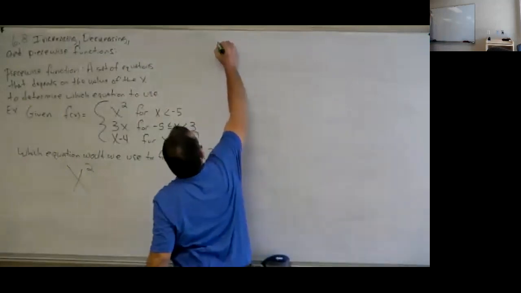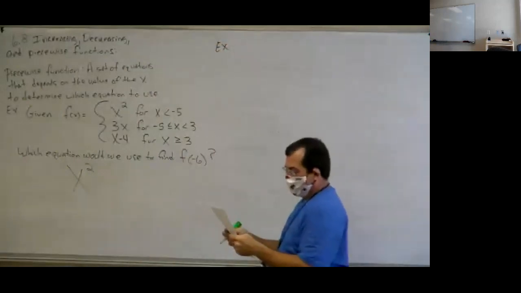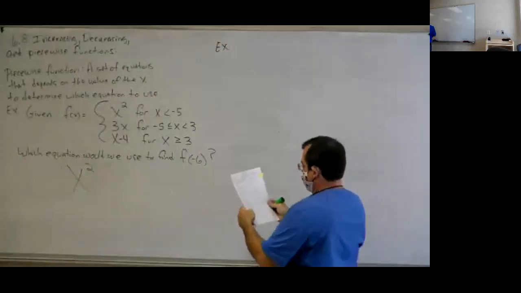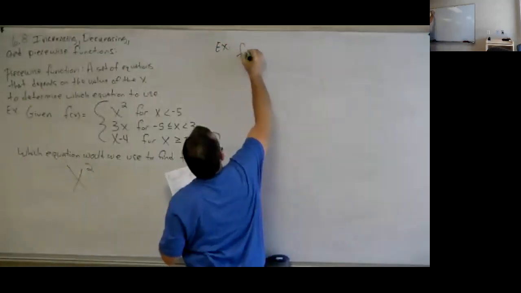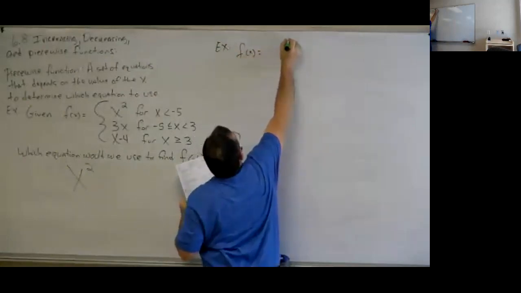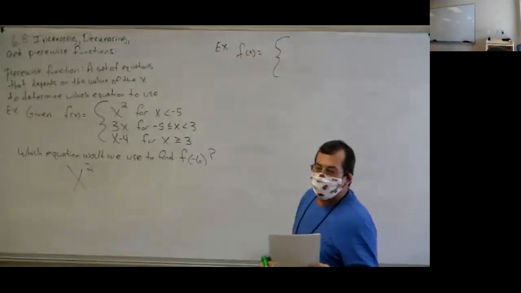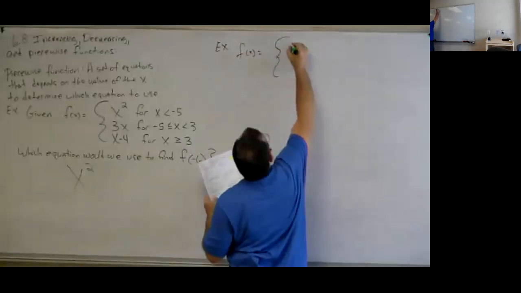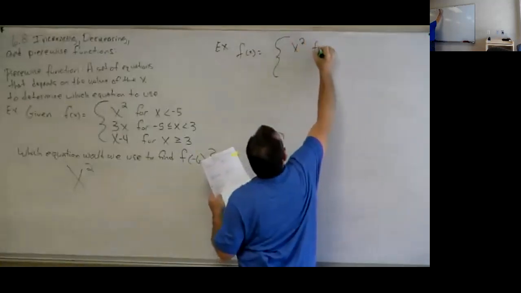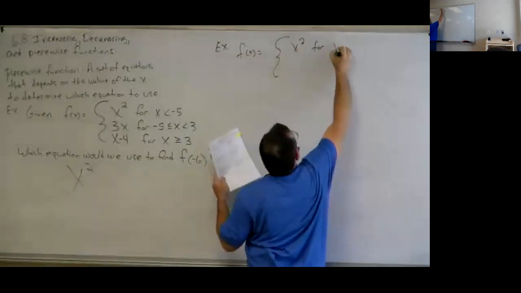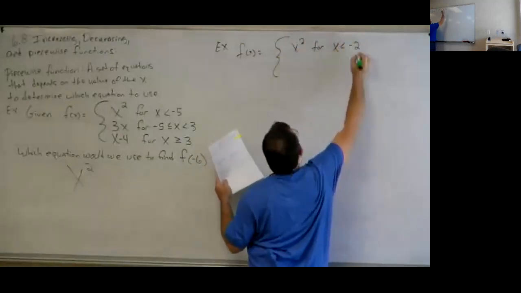All right, so let me draw another one of these. So they're giving us f of x. It's going to equal x squared for any x less than -2.